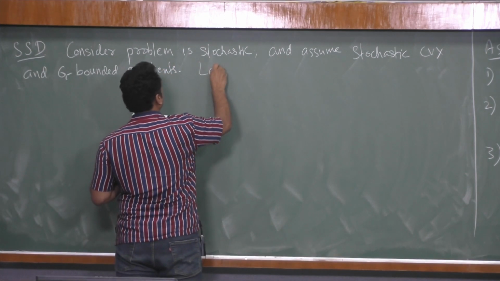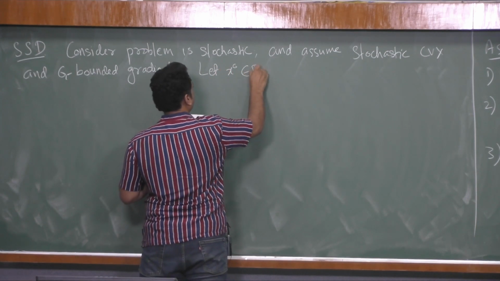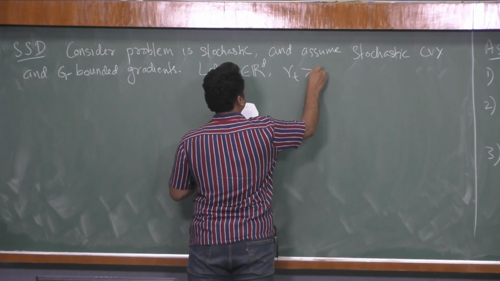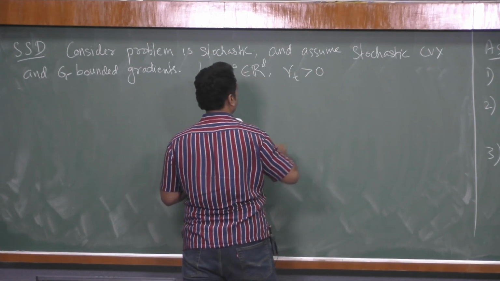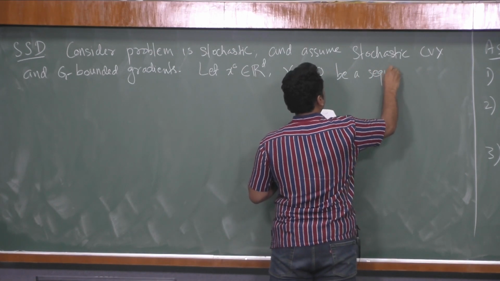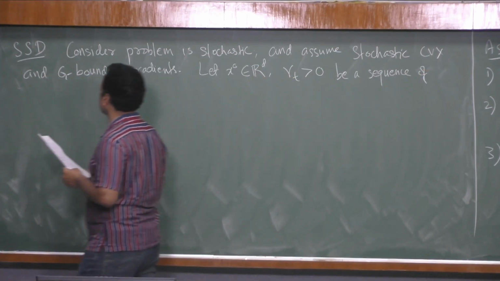Let us choose an initial point x_0 in R^d, and let gamma_t greater than 0 be a sequence of step sizes.